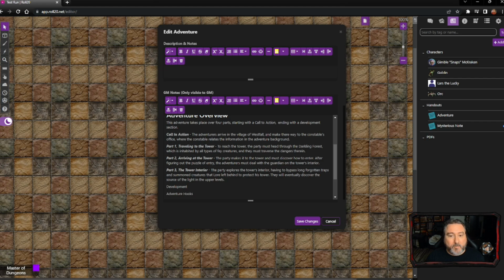So perhaps, again just brainstorming here, what we're going to do is say that all of this, the whole traveling through the woods, getting to the tower, finding a way to get in, dealing with the guardian, exploring the tower's interior, bypassing all the different spells and glyphs and traps and different types of things that Lore left behind to protect the tower, is eventually going to be a rite of passage.